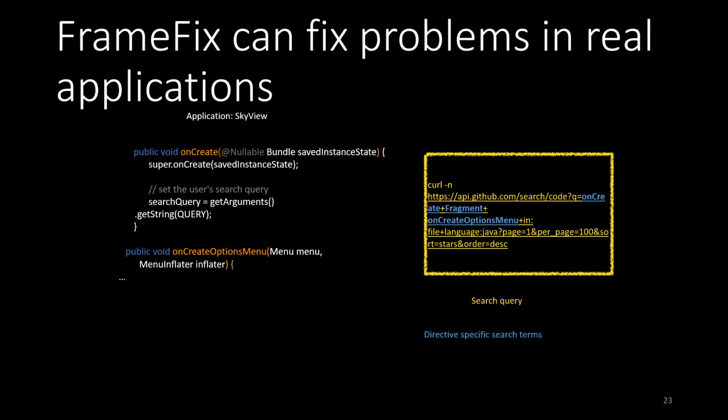So FrameFix will then query GitHub, running this specific code query to try to find similar application code to the problematic code shown here. The terms in blue are the developer-defined keywords that come directly from the directive.